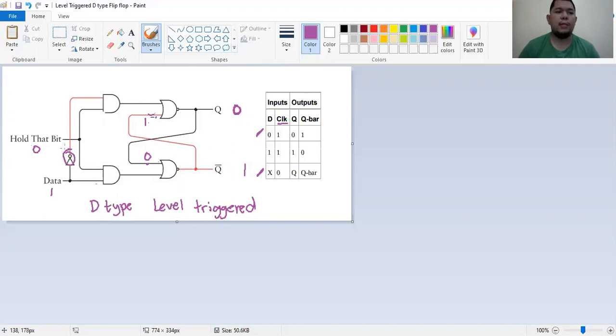Okay, so let's say that the hold that bit value is 0, so this becomes 0 and this becomes 0, and this becomes 1, and this becomes 0. 0 and 0 becomes 0, and 0 and 1 becomes 1 again.